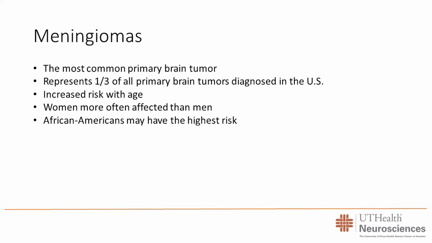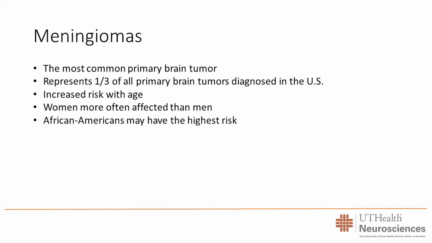So here are some facts. It's the most common primary brain tumor in the brain. A primary brain tumor means that it started in the brain itself, not somewhere else. There are also what we call secondary tumors or metastatic tumors, and for example, that might be somebody with lung cancer where tumors have spread to the brain.